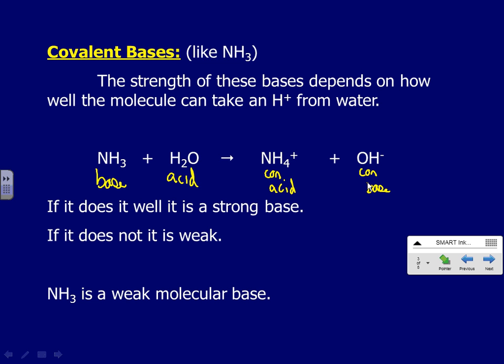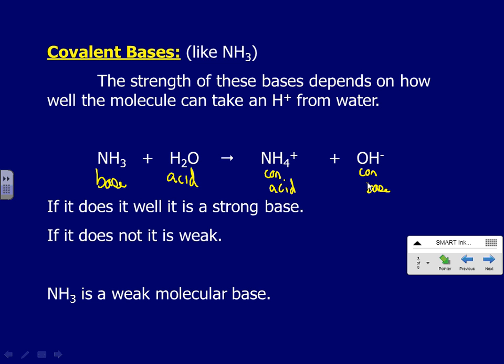This game goes on and on. One trying to take it from the other, trying to take it back. The question is, how good is the NH3 at playing the game? If the NH3 is really good at playing the game, and it takes the H's from as many as it can, for every mole of NH3, it takes away pretty well a mole of H's, then we're going to get a mole of OH minus.